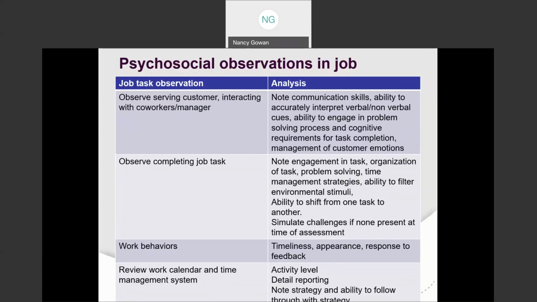For example, in a call center situation where you might have an angry caller, or in a teller situation where they may be having to problem solve with that customer about what that task should be.